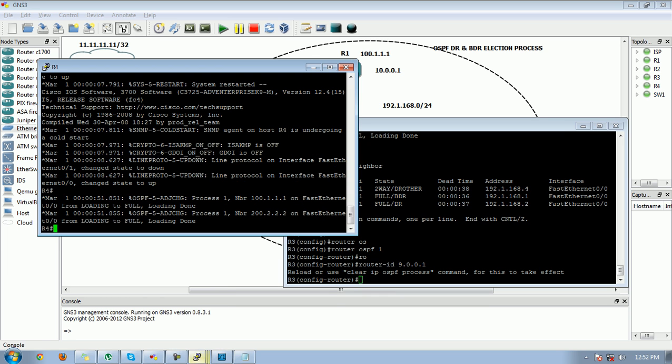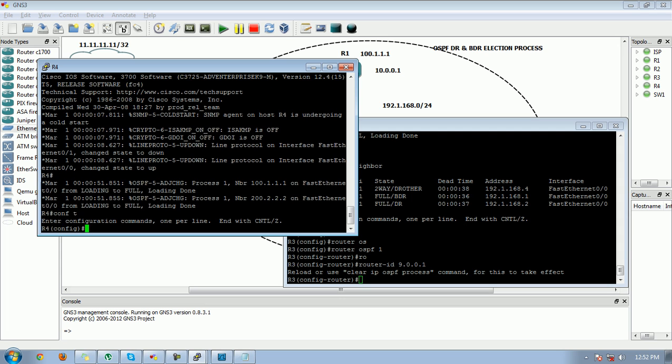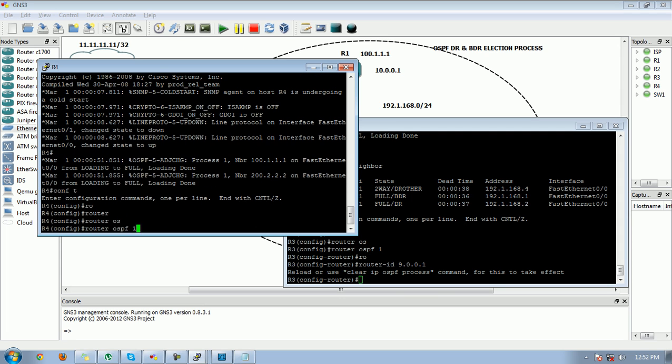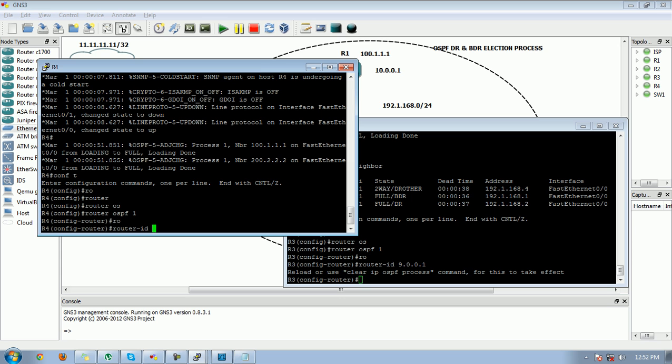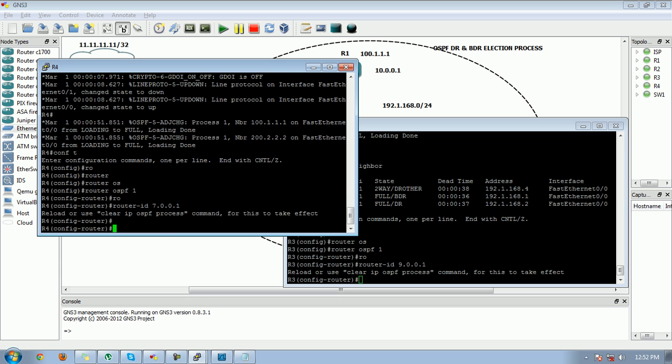Now R4, router OSPF 1, router ID 7.0.0.1.